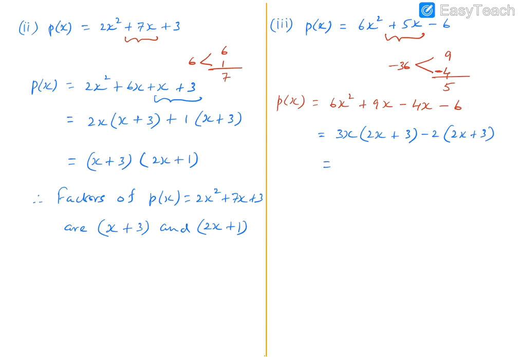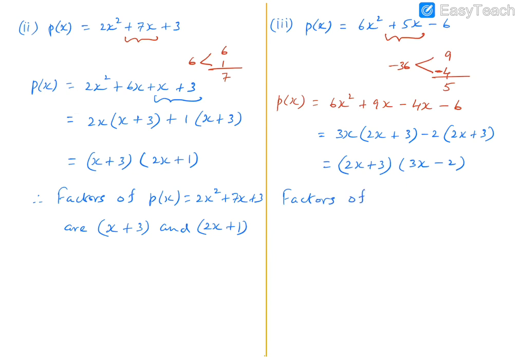Okay, so we have now 3x into 2x plus 3 minus 2 into 2x plus 3. So we can now take the 2x plus 3 as a common factor, and then we'll have the remaining term, which is 3x minus 2. So 2x plus 3 and 3x minus 2 are the factors of p of x.